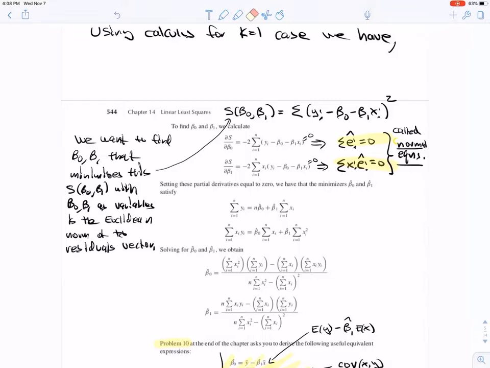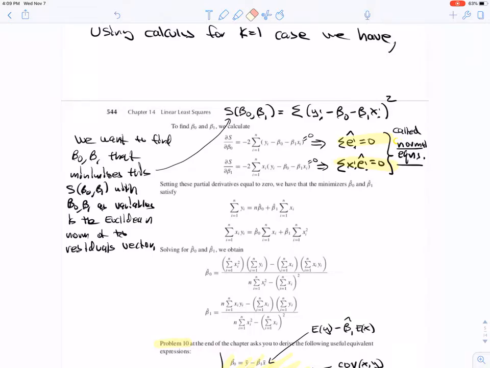So what we're trying to minimize is the sum of the residuals squared. So we're looking at the difference of yi minus beta 0 minus beta 1 xi, where beta 0 and beta 1 are thought of as variables that we're searching for the minimum of. So what we're going to do is set the partials equal to 0, and when we do that, we get two what are called normal equations.